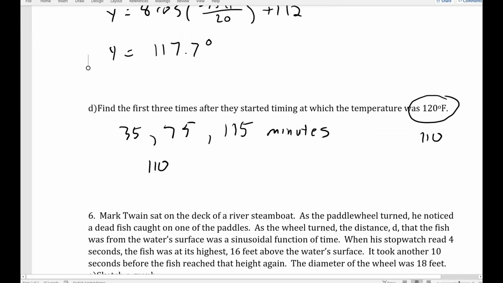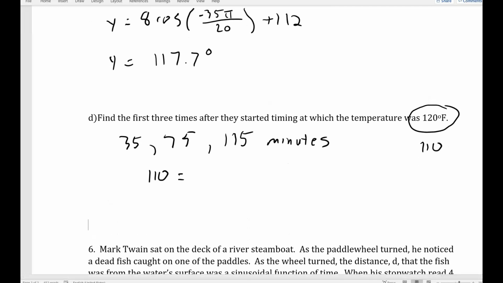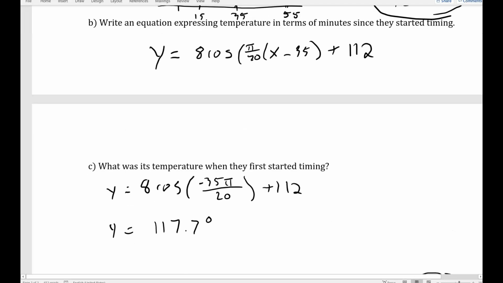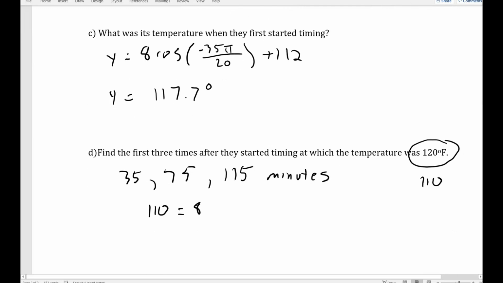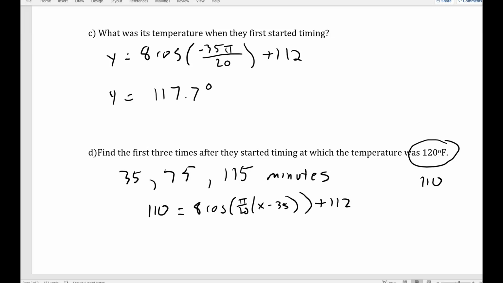So 110 is equal to 8 cosine of pi over 20 times x minus 35, plus 112. If I subtract 112 from both sides, I get negative 2. Divide that by 8, I get negative 1/4, which would be negative 0.25.